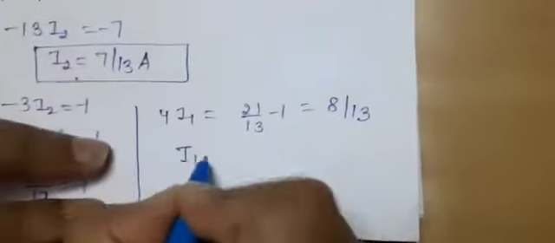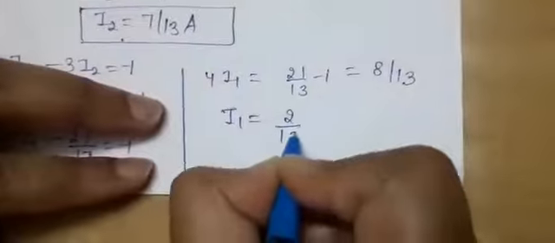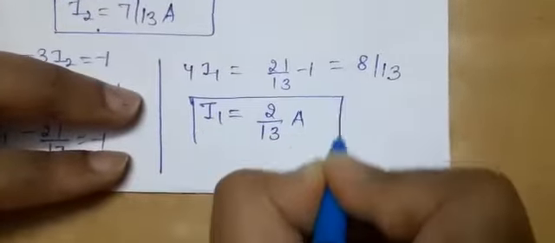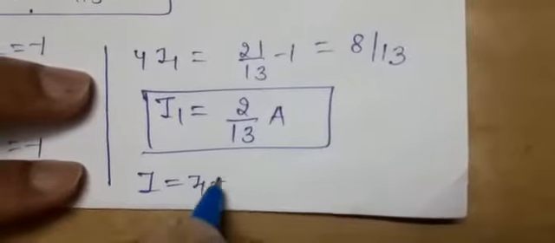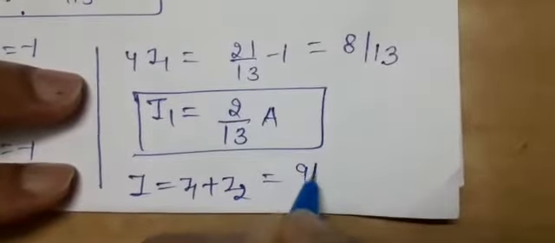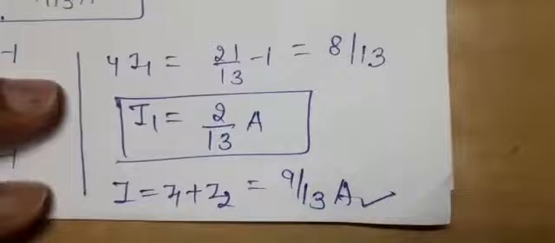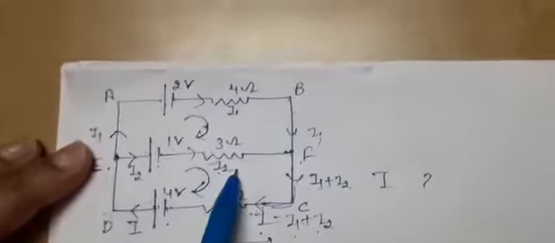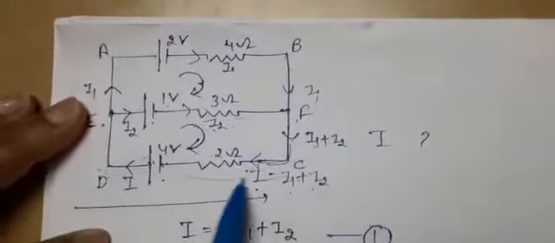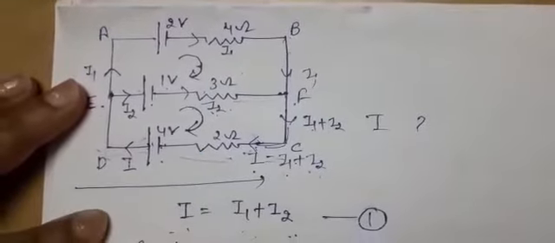So i1 will be 2 upon 13 ampere. Now current I will be I1 plus I2. This will be 9 by 13 ampere. So you can see as per this figure, I1 current is flowing through this resistance, I2 through this branch, through this resistor, and total I1 plus I2 is flowing through this resistance.